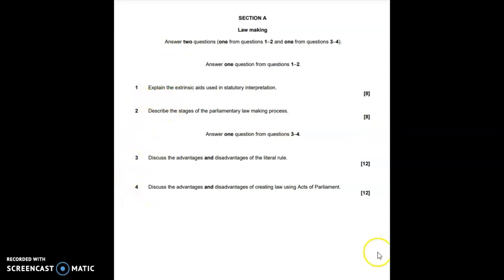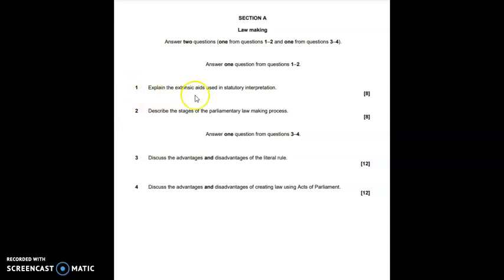Questions 3 and 4 are worth 12 marks because they're a more challenging question, asking you to discuss advantages and disadvantages, or in other words, to evaluate a particular area of the legal system. Choose either question 1 or 2, whichever you think you can get the most marks on.